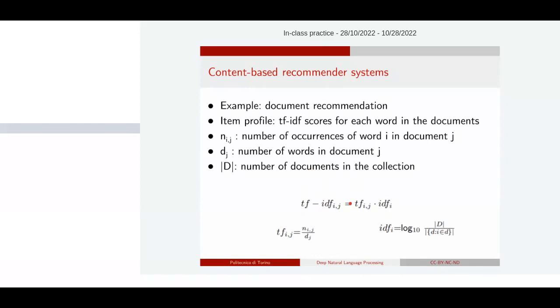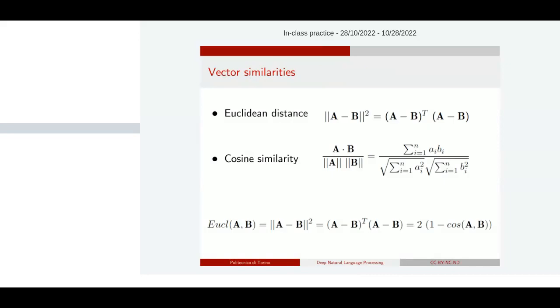There are also some more straightforward, more traditional systems that compare items based on their syntactical properties. So, for example, you can compute the TF-IDF of the words in the documents, and you compare two documents, how similar they are based on the TF-IDF metrics. We already know this very well because we have mentioned this very many times.